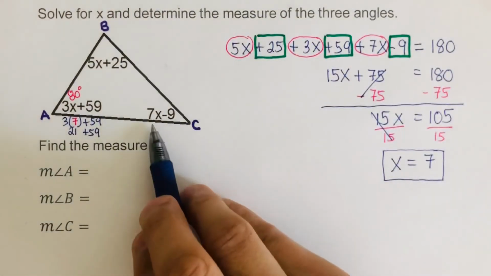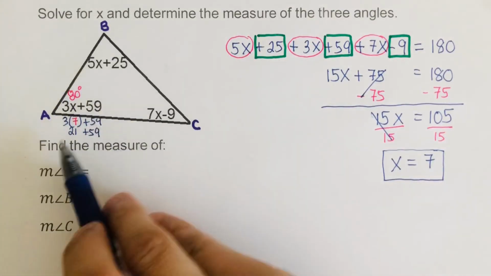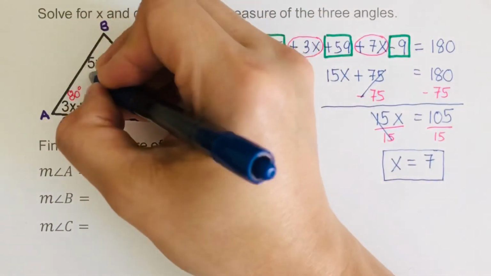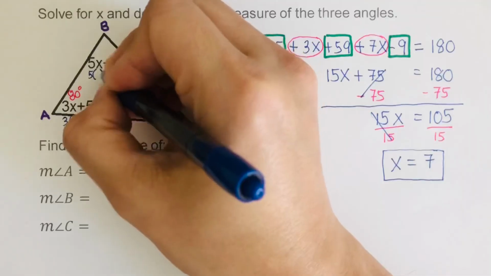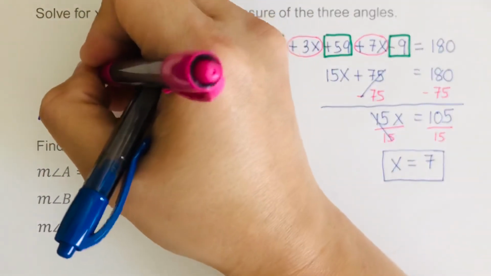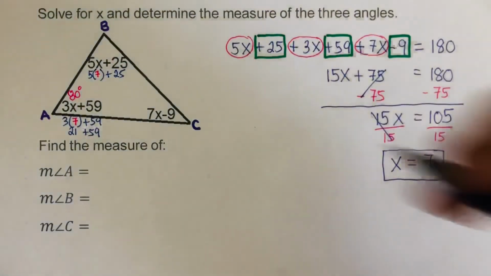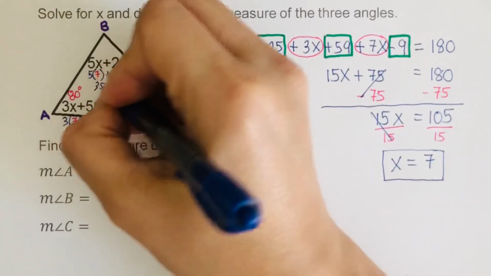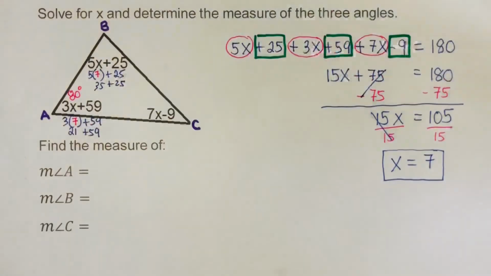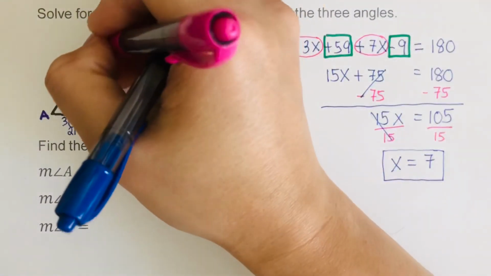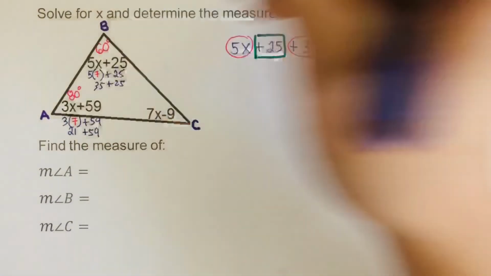Now let's plug this into B. Let's go by letter. So this letter B here. 5, and then I put in the value of x, which is 7. So 5 times 7 is 35. So it's 35 plus 25, which is 60. So this corner right here is 60 degrees.